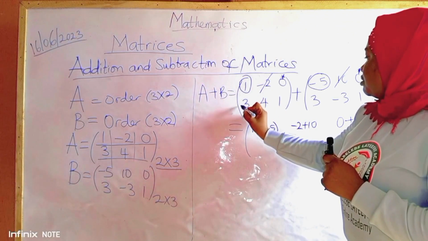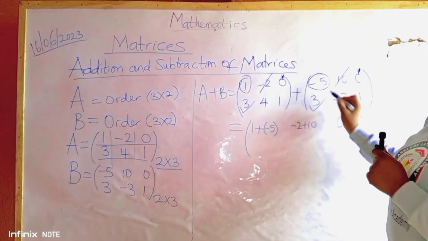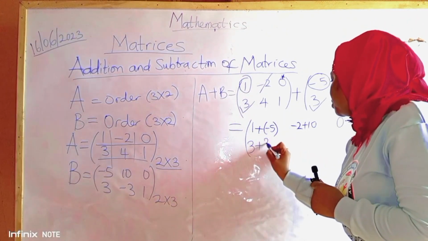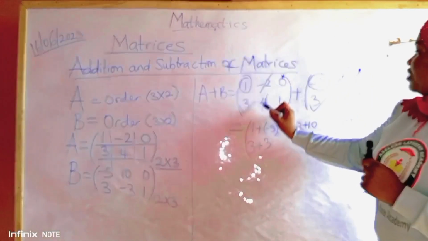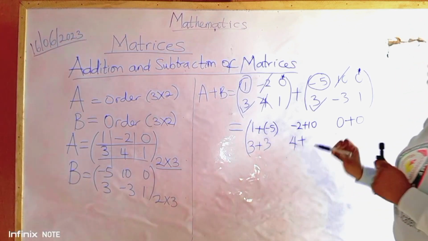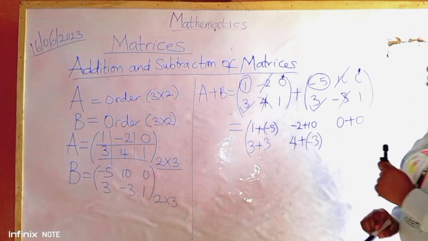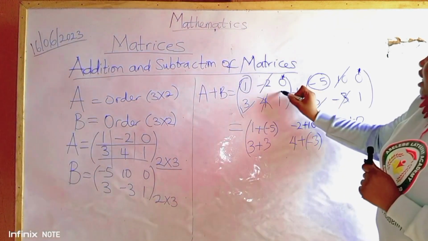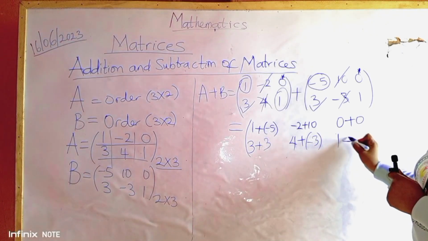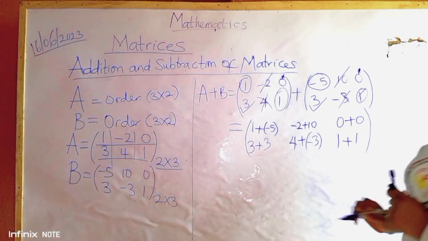Now, the fourth element of the first matrix plus the fourth element of the second matrix, 3 plus 3. The fifth element of the first matrix plus the fifth element of the second matrix. Similarly, last but not least, the sixth element of the first matrix plus the sixth element of the second matrix. So that is how to perform it.